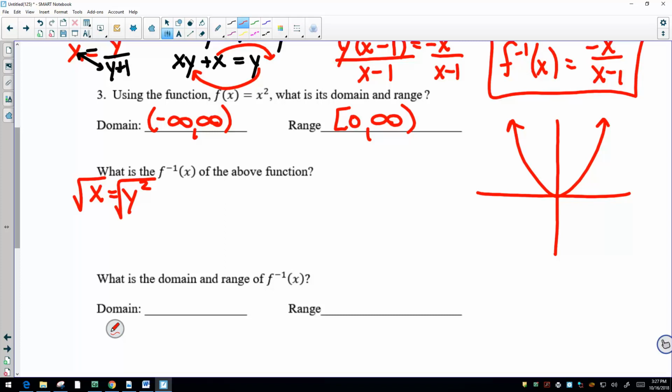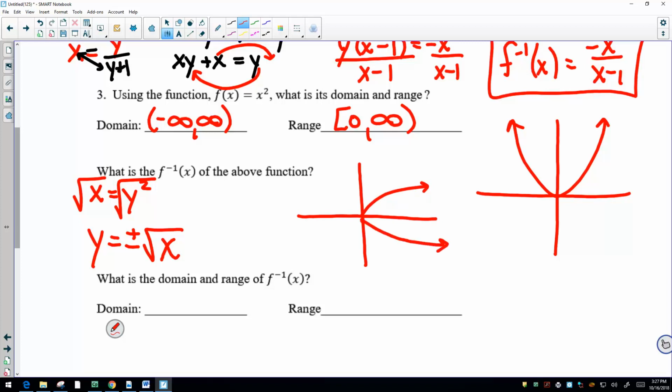And when you square root, you want to keep in mind, really what you're getting here is both the positive and the negative square root of x. But this is going to give us a little bit of an issue. If we were to graph this out, what you would see is your positive square root of x is going to look something like this. But your negative square root of x, well, that's just a reflection over the x-axis. It's going to look something like this.